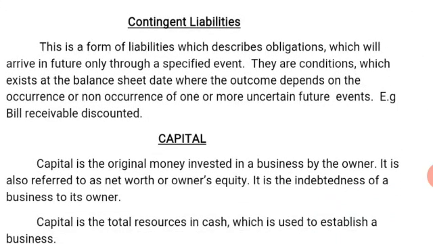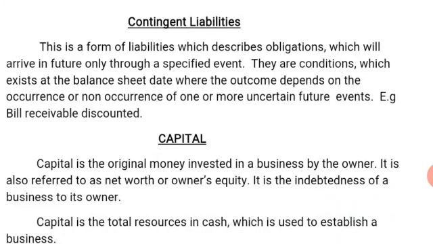Having extensively discussed both the assets and liabilities parts of the balance sheet, there is a form of liabilities that we need to talk about briefly, which is contingent liabilities. What is contingent liability? Contingent liability describes obligations which will arise in future only through a specified event.